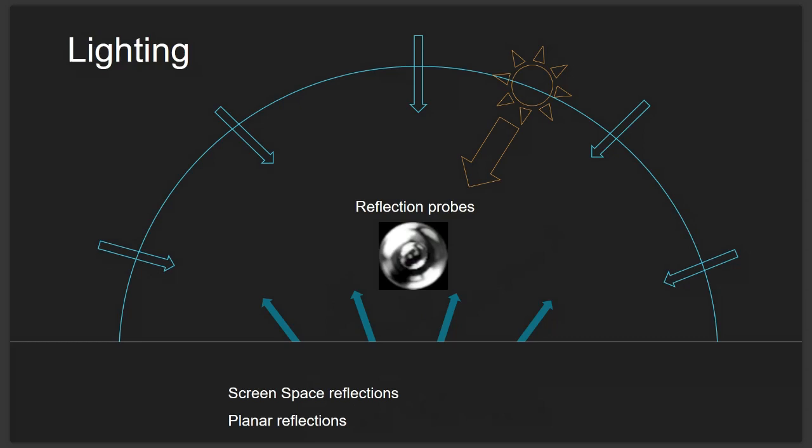So it works very well because it pre-calculates all the reflections, is very fast. The only problem is that it's not very accurate. So it's very quick, but it's not accurate.